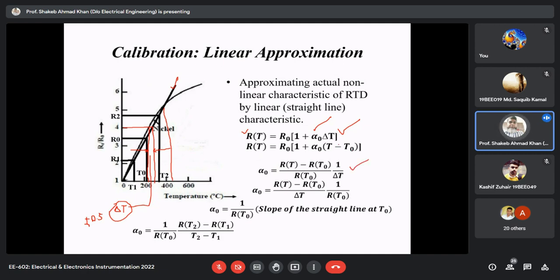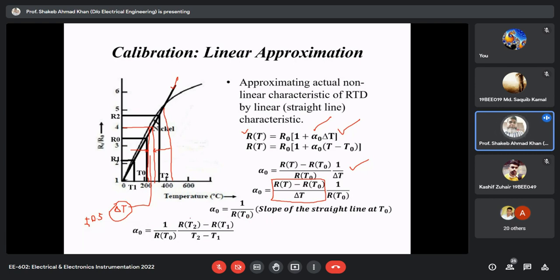If you look at this expression, alpha naught is the fractional change in resistance per unit change in temperature. And this part is nothing but the slope of your approximate straight line. So finally, that's what I had written, 1 upon RT naught into the slope of the straight line.